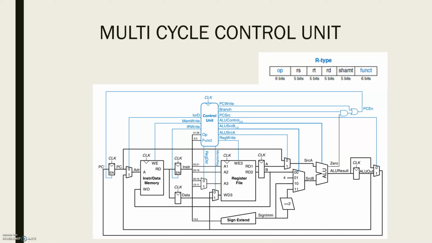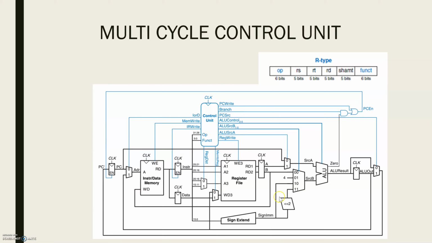As in the case of a single cycle processor, the control unit computes the control signals based on the opcode and funct fields of the instruction, bits 26 to 31 and bits 0 to 5. The figure shows an entire multi-cycle MIPS processor with the control unit attached to the data path.